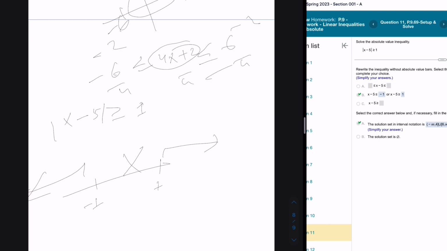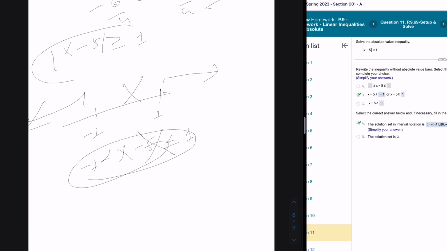So for this equation you cannot write it this way, this is wrong.